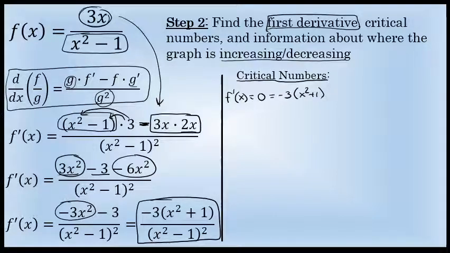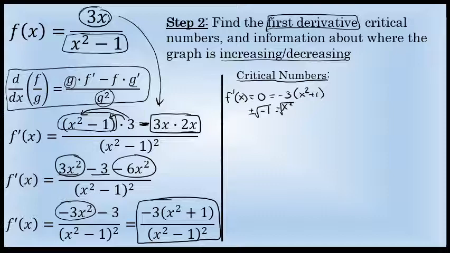But if I set this numerator equal to 0, I would have x squared equals -1. You can divide both sides by -3 and then subtract 1 from both sides of the equation. When you introduce a square root into the equation to isolate x, you end up with the square root of -1, which is an imaginary number. No critical numbers come from setting this first derivative equal to 0.